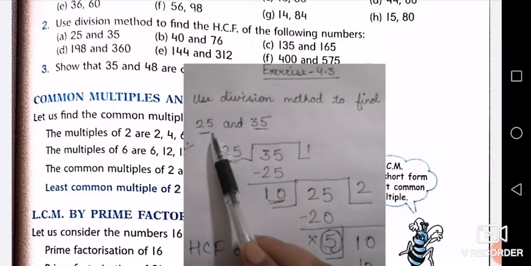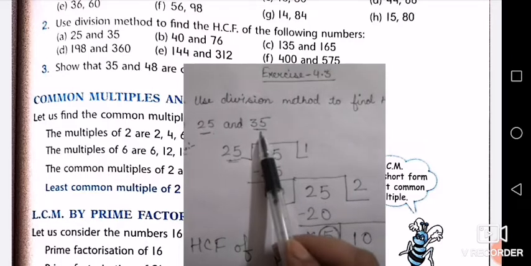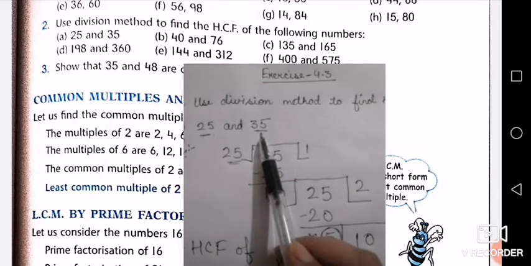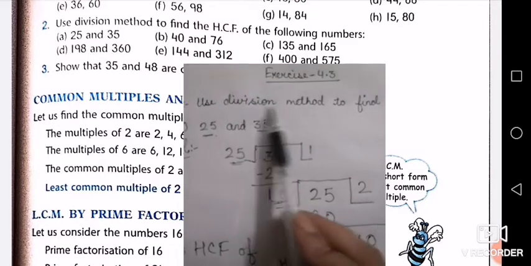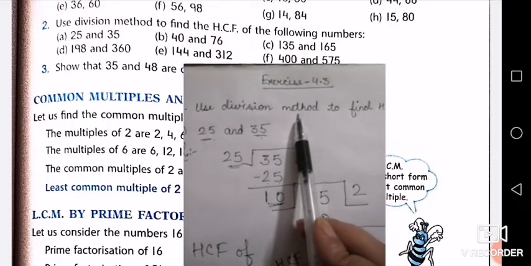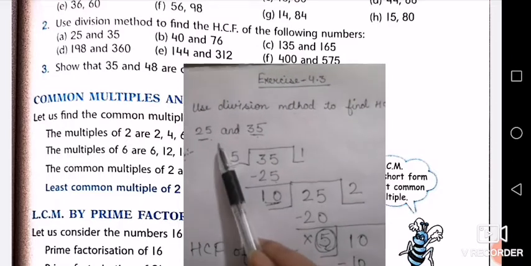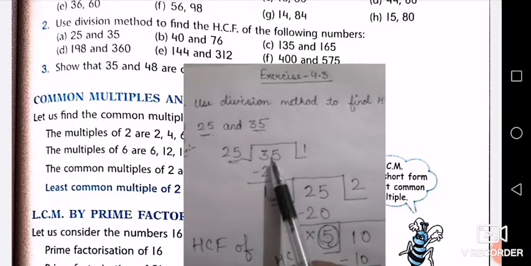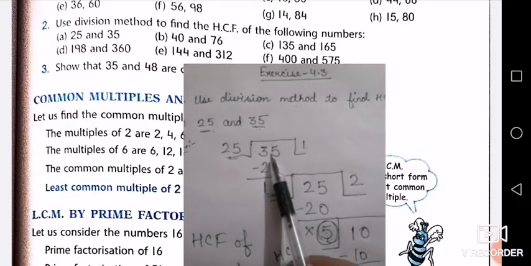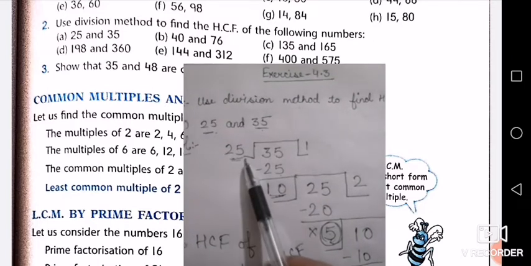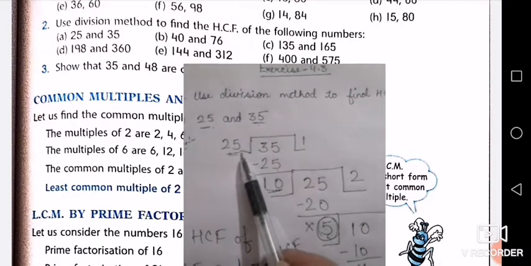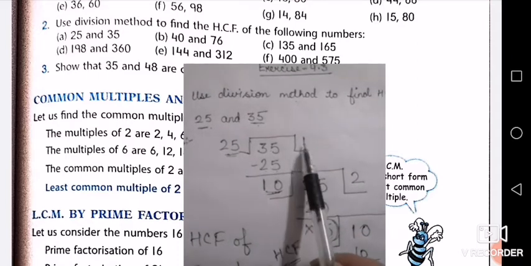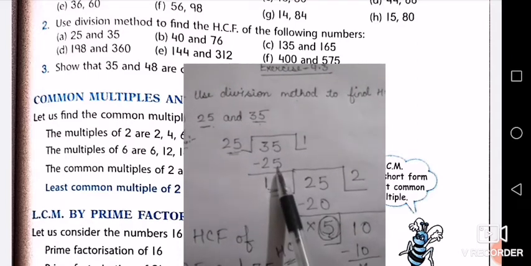You have been given two numbers 25 and 35. What is the name of the method? Division method or successive division method. So in the first step, the bigger number will become your dividend and the smaller number will become your divisor. Then start doing division. 1 time it will be 25.